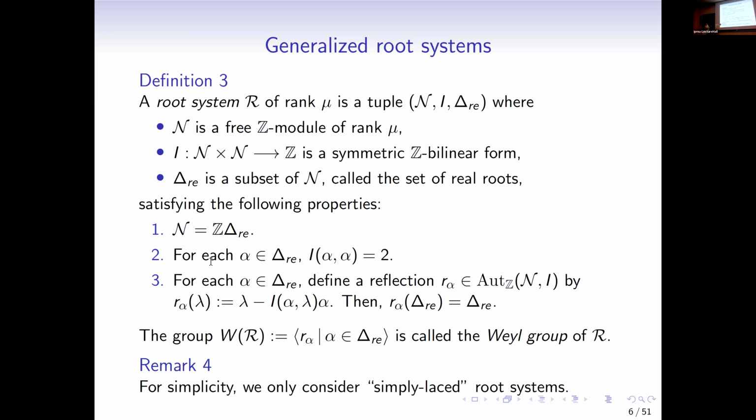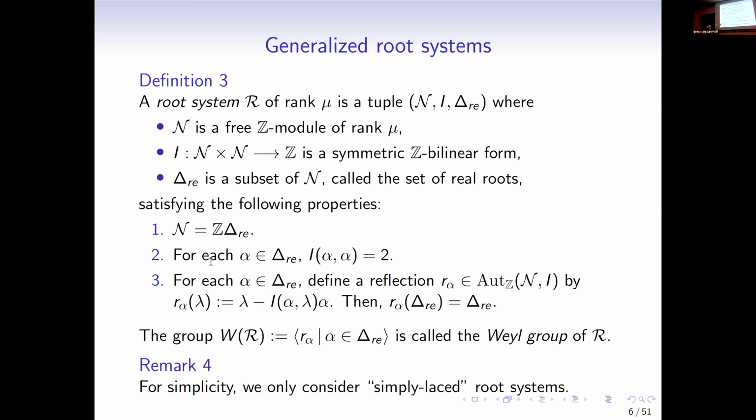So first, I want to consider these triplets: a free C module of rank mu, a symmetric bilinear form I, and some subset of this free module. This delta will be called the set of real roots, satisfying the usual conditions for root systems. We call this subgroup of automorphisms of this lattice the Weyl group, which is generated by these reflections with respect to these real roots.